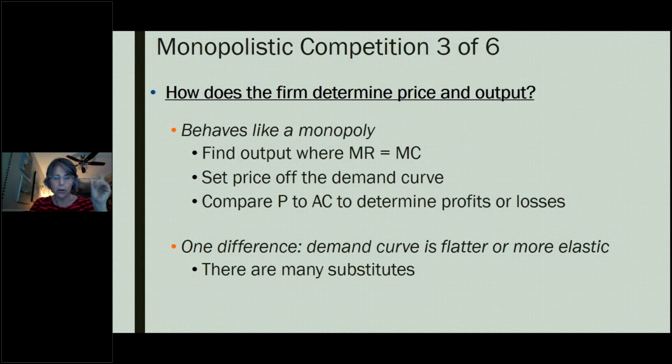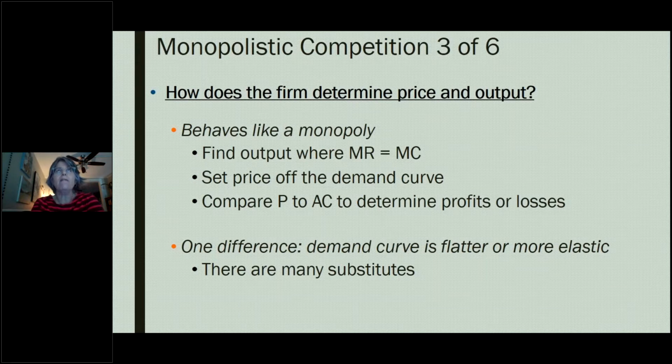Then I would take that $2 and multiply it times my Q. If the price that you charge for the product is $10, but the cost that it takes you to make it is $12, then that $2 is a loss. You would take that and multiply it times your Q. You'll see in a few slides that the adjustment process is different in perfect competition than monopolistic competition.